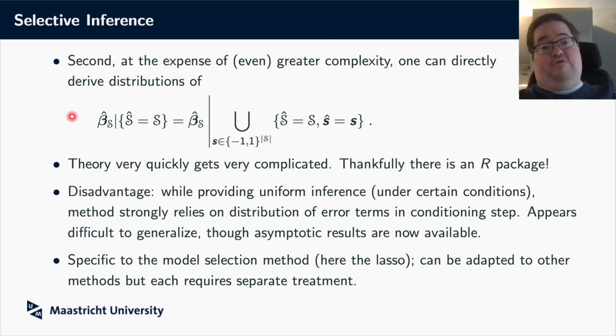On the other hand, then to go back to an advantage, given that we condition rather than saying we cover all possible models, you will get much narrower confidence intervals than you would get using POSI, which of course is a good thing. So there are some positives and negatives on selective inference, but it's mostly from a conceptual point of view a very nice addition to our toolbox to perform high-dimensional inference.